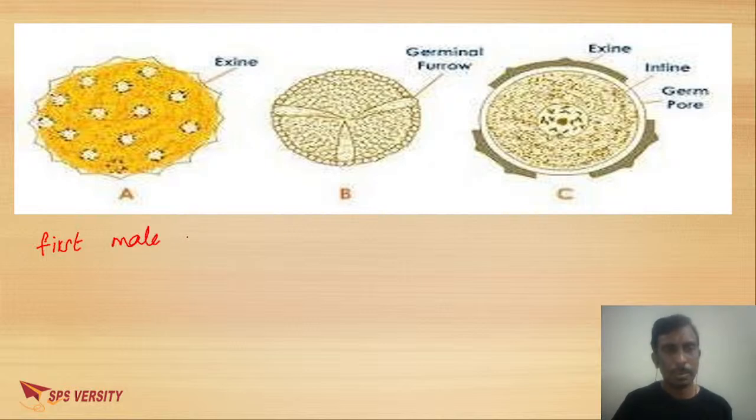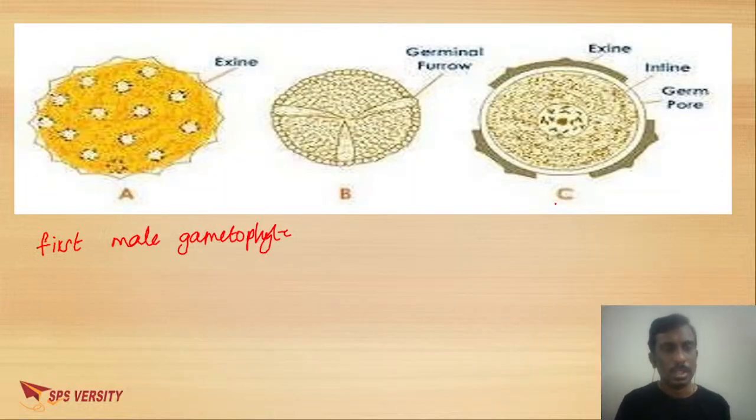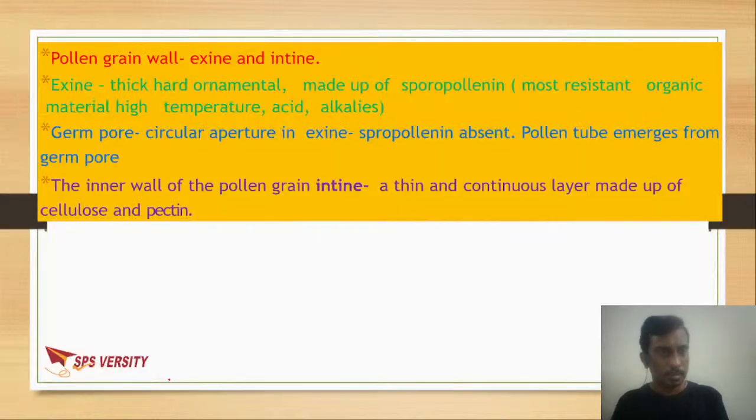Here gametophyte means the haploid structures. Here you are seeing various types of pollen grains which are in different shapes. These pollen grains carry male gametes and play an important role in sexual reproduction.